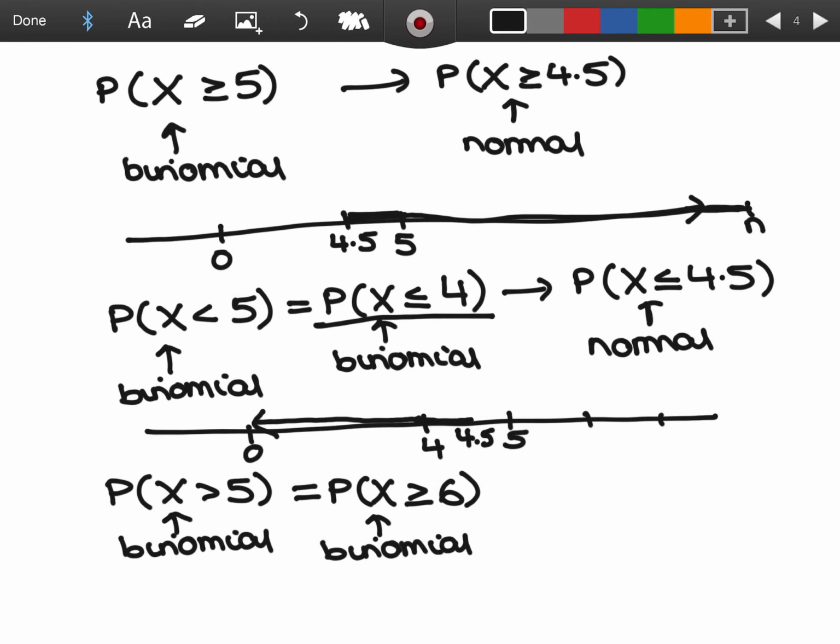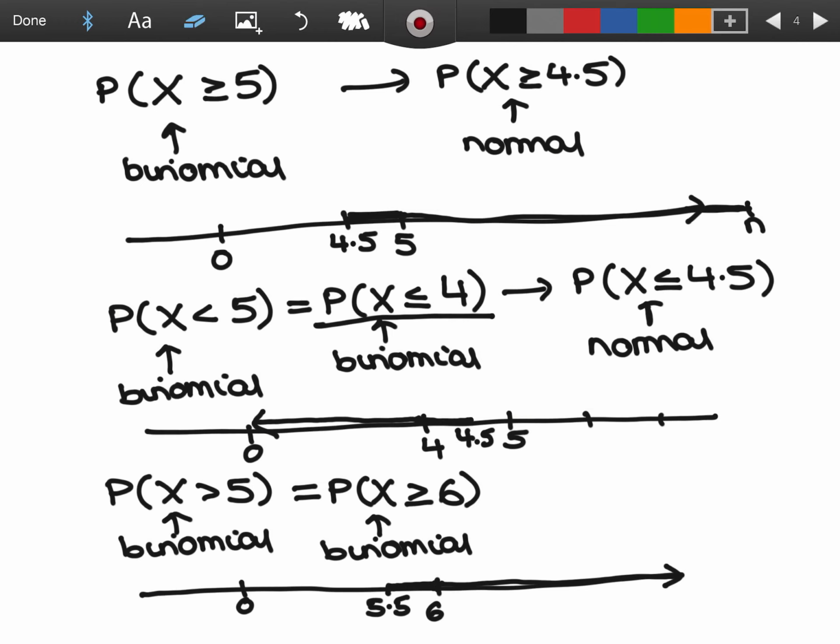Now coming to our number line. 0 here, we'll put 6 here. I've got greater than or equal to 6. I want to make my set larger, make my line longer. I'm therefore going to bring it back to 5.5, and anything 5.5 or greater will round to 6.